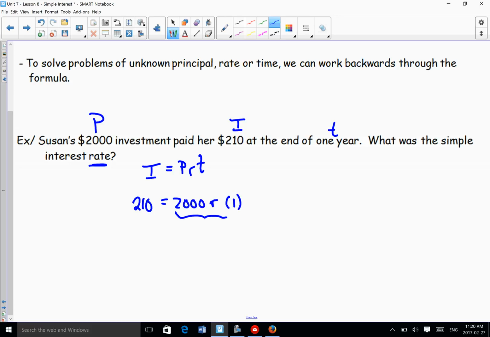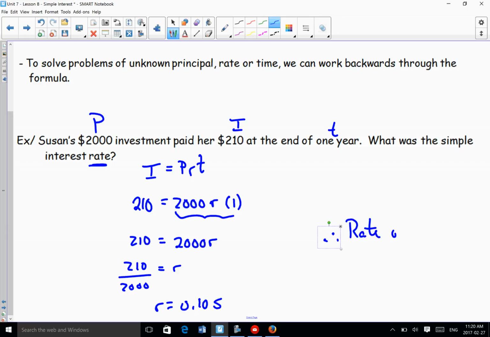So I'm going to multiply these 3 things together. 2,000 times R times 1 is 2,000 R. If I want to solve for R, I can do that by dividing the interest by the remaining. So my R value is 0.105, or in other words, a rate of, we turn back to percents because that's usually how we talk about them, 10.5%. You can do that by multiplying by 100, or moving your decimal 2 spots to the right.